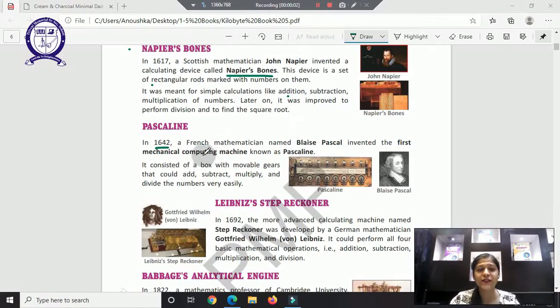Then the Pascaline was developed in 1642 by a French mathematician called Blaise Pascal. This is how the Pascaline looks, and it has movable gears that could add, subtract, multiply and divide numbers very easily. Then we have Leibniz's step reckoner, developed in 1692. Again it could perform all four basic mathematical operations.